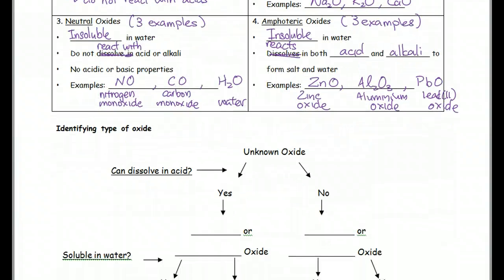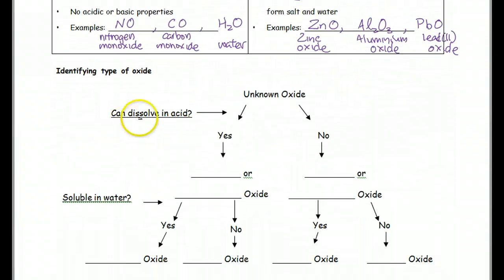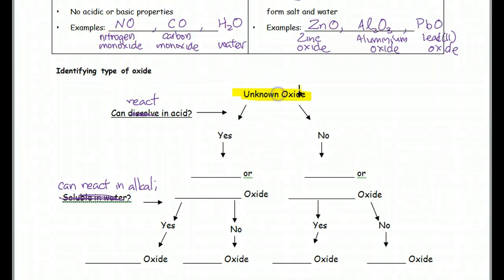Now, how do we identify unknown oxides? Okay, rather than say can dissolve, let's change this to can react. Okay, can it react in alkali? Now let's say we have an unknown oxide. We do not know whether it's neutral, amphoteric, acidic, or basic.